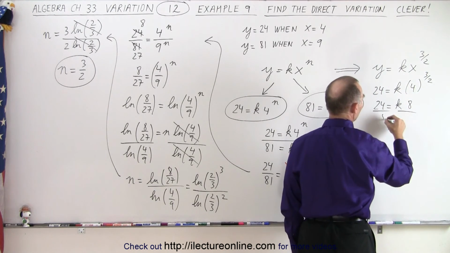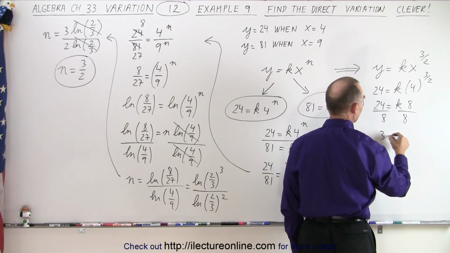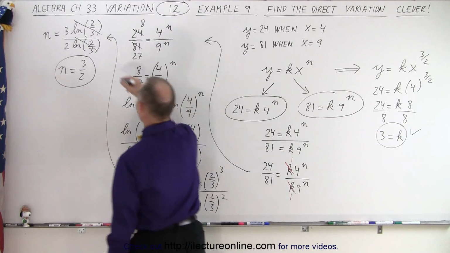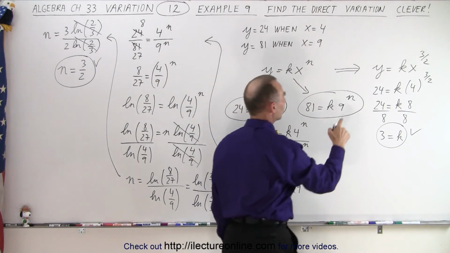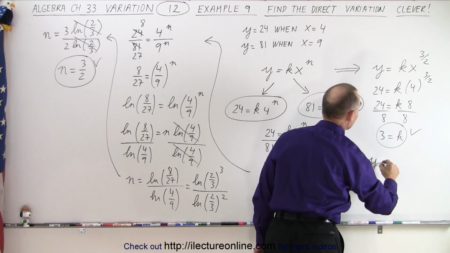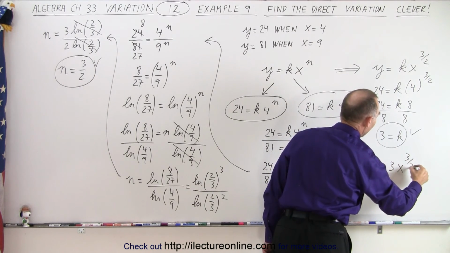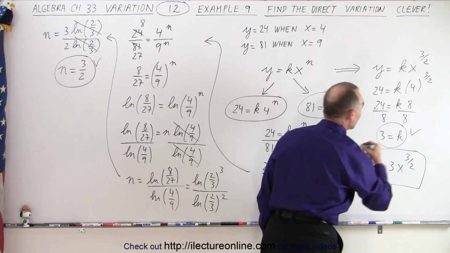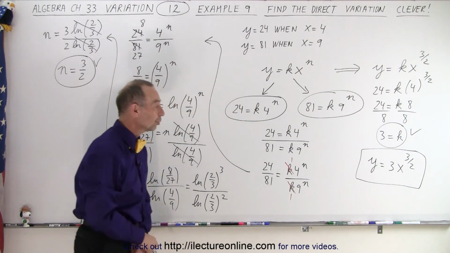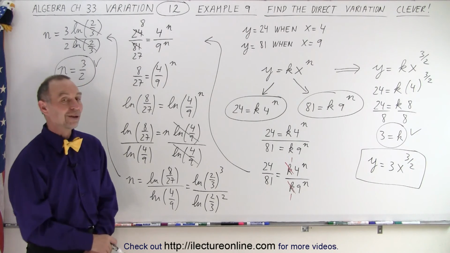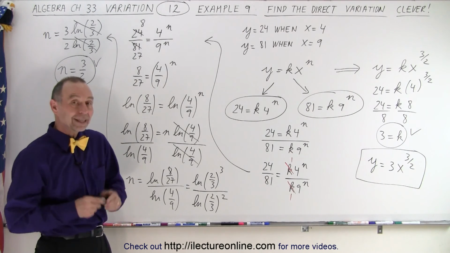Then I divide both sides by 8, and I get 3 is equal to k. So finally, I found k and I found n. I plug that into my equation, and I get y is equal to 3x to the 3/2 power. And there is the direct variational relationship between the variables y and x. And that's how you find the value without having to guess.